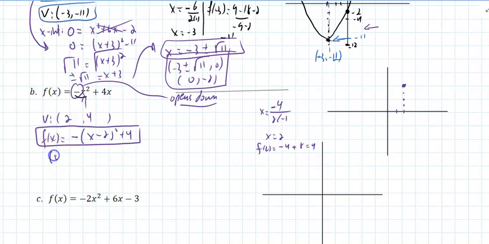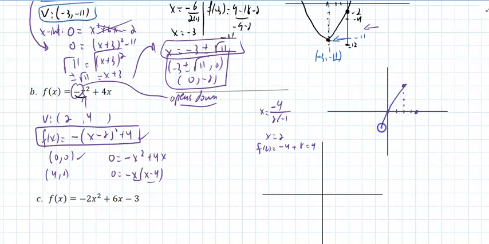The intercepts: 0, 0. And if I set y equal to 0, I don't need this because this factors. So I know it is at 0, 0. I already listed that, and it's at 4, 0. There.